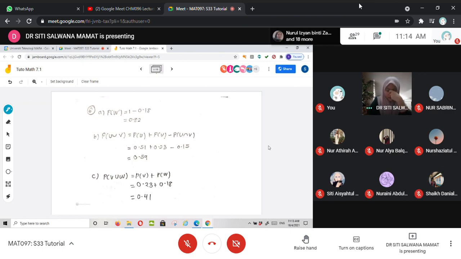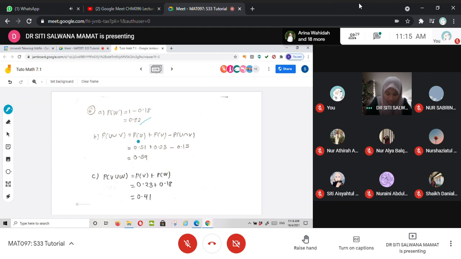Okay, so yang ni simple je, dia bagi you probability U, V, W and the intersection between U and V. Okay, find the probability of W complement. So kita ada rule lah: 1 minuskan dengan probability W, you akan dapat W complement. Okay, yang ni U union V. Yang ni dia dah bagi kan.